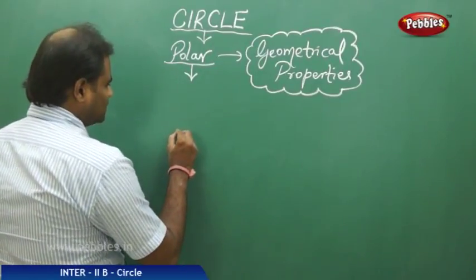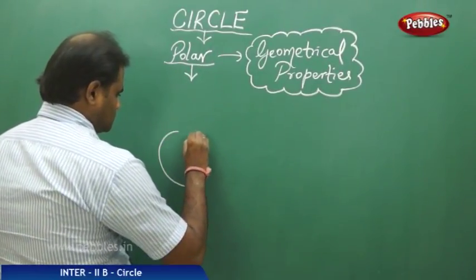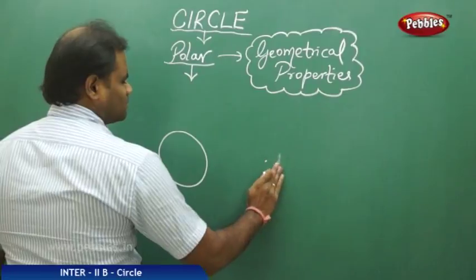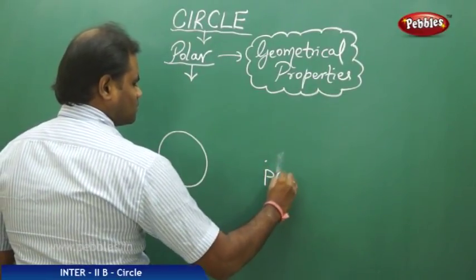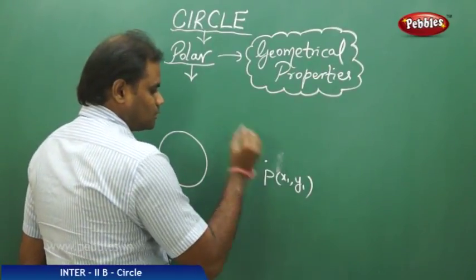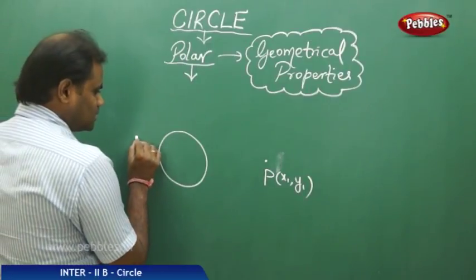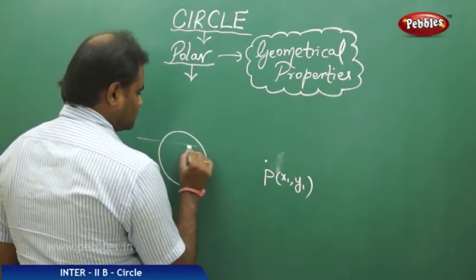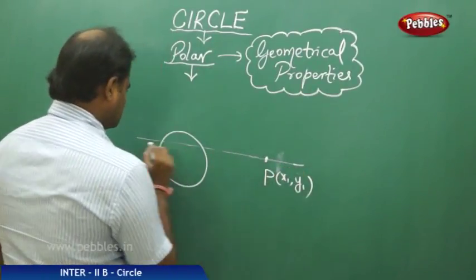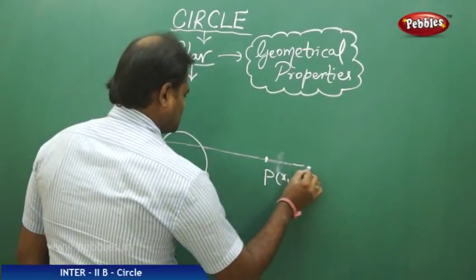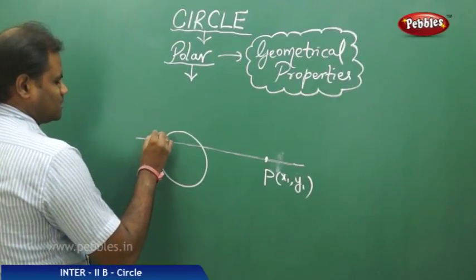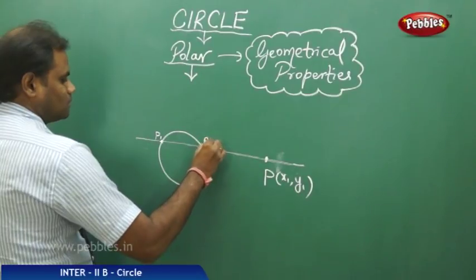So if I have a circle and I take an external point P, say (x1, y1), then I want to draw the polar for this point. In that case I take a line passing through this, which cuts the circle at, say, P1 and P2.